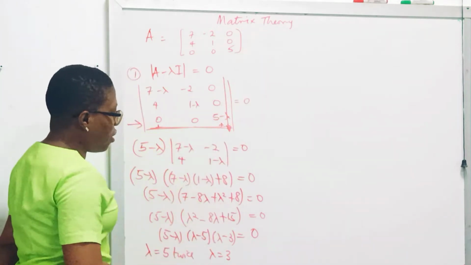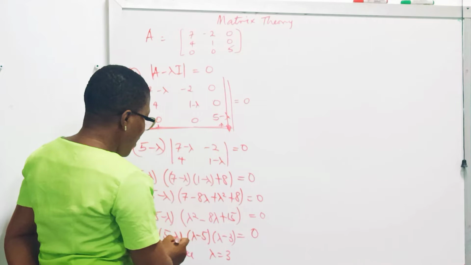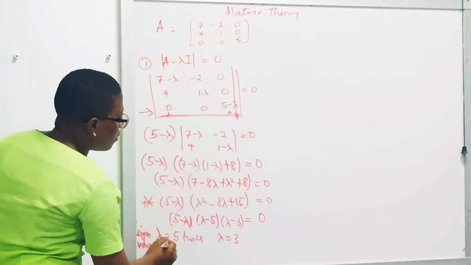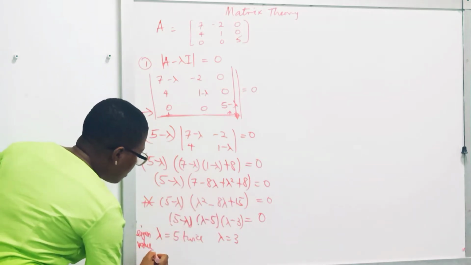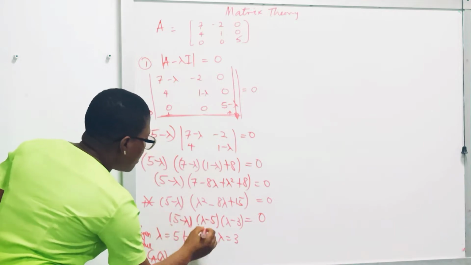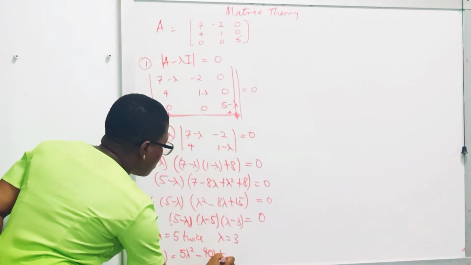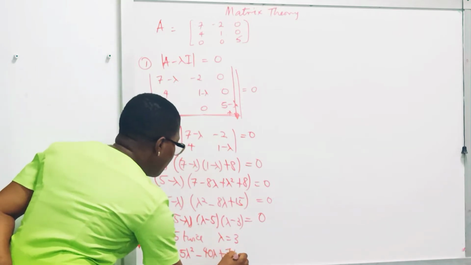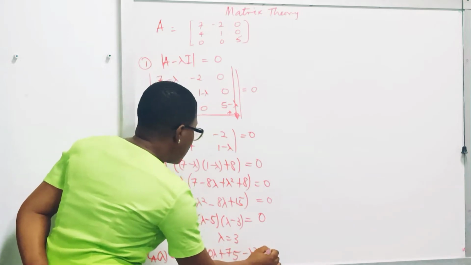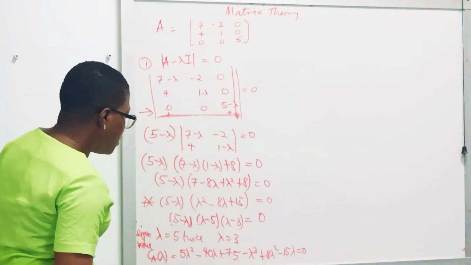Next, for the characteristic polynomial, we multiply this all out. From here, these are our eigenvalues. Multiplying it out, I have 5 lambda squared minus 40 lambda plus 75, minus lambda cubed plus 8 lambda squared minus 15 lambda, equals 0.